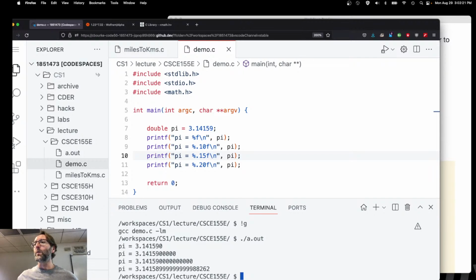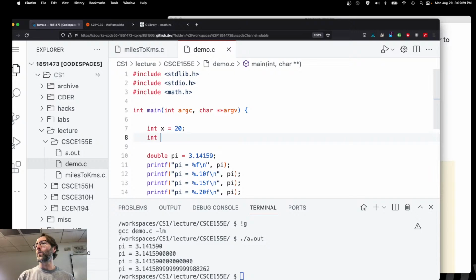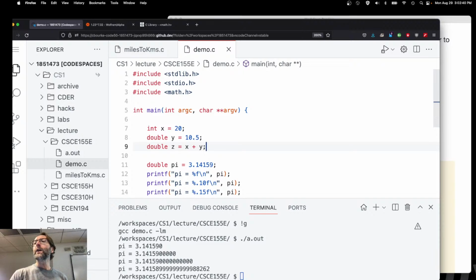Yes. So what they were asking was earlier in the lecture. What if I've got int x is equal to 20, double y is equal to 10.5, double z is equal to x plus y? What value will be stored in z at that point? 30.5.